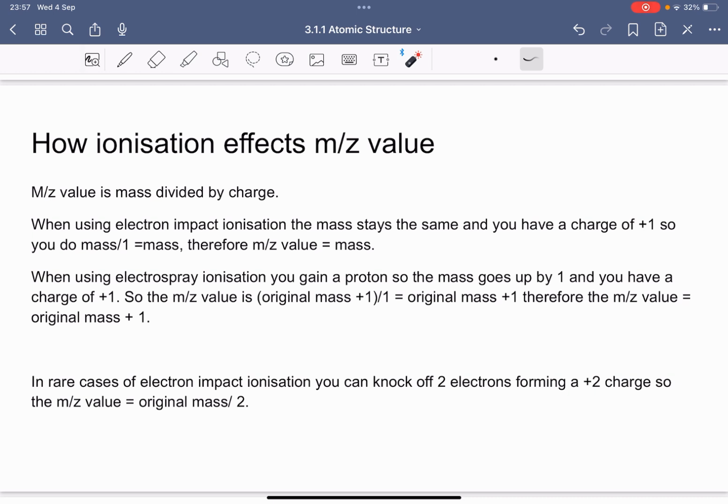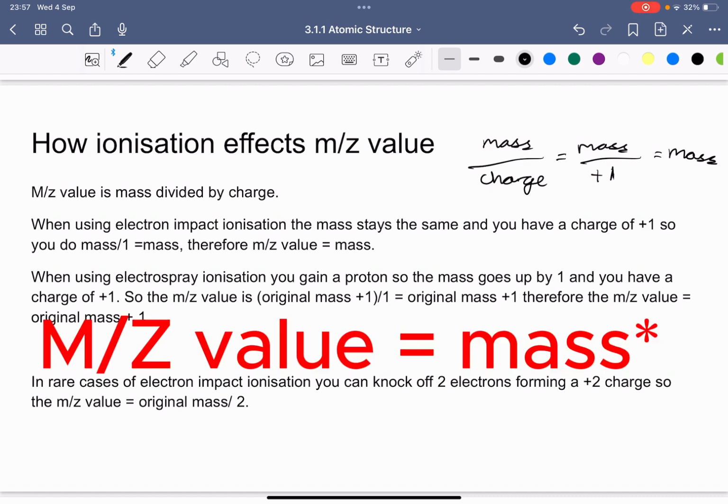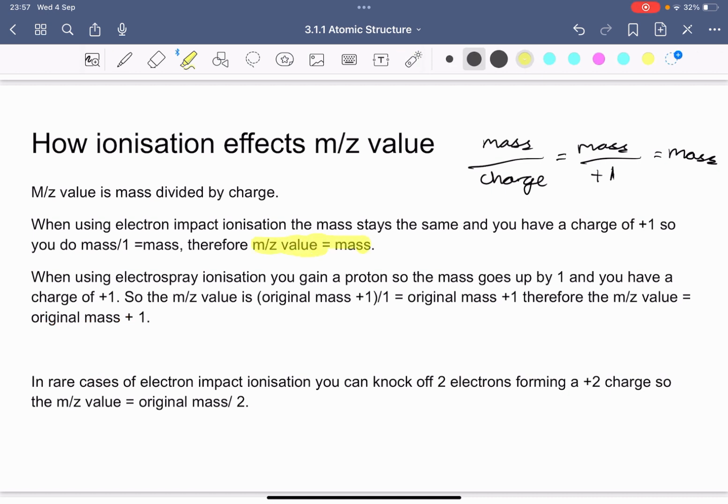So when you do the mass divided by the charge, you have this mass divided by +1, which is just basically the mass. So for electron impact ionization, the m/z value is basically just the mass.